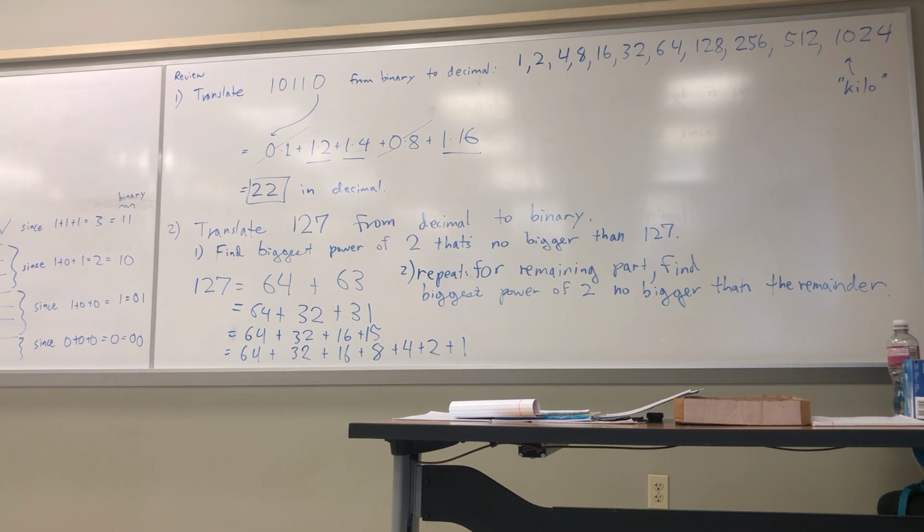Maybe I should show the rest of the steps there. Keep on doing it. And every time you get 1 less than a power of 2. So what happens is you use all the numbers. For 127, you use 64, 32, 16, 8, 4, 2, and 1. So the binary version of that is just going to be 1, 1, 1, 1, 1, 1, 1.